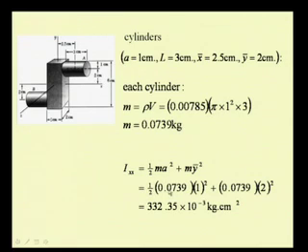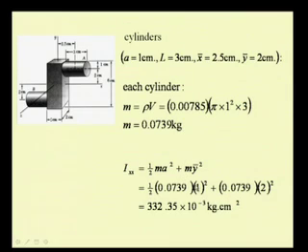So, we have half the mass of the cylinder, which has been computed, times a square, the radius square, plus mass of the cylinder times y bar, that is this distance, square. So, we have this as 332.35 into 10 to the power of minus 3 kg centimeter square.